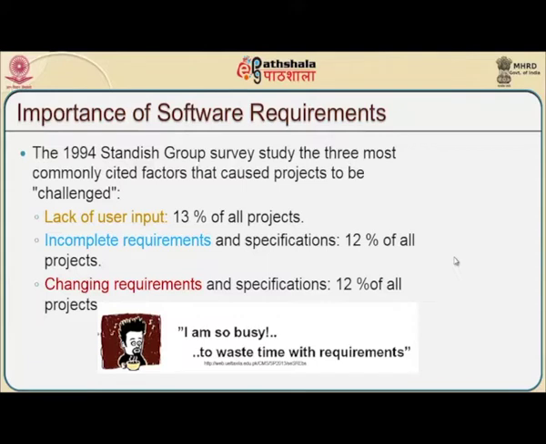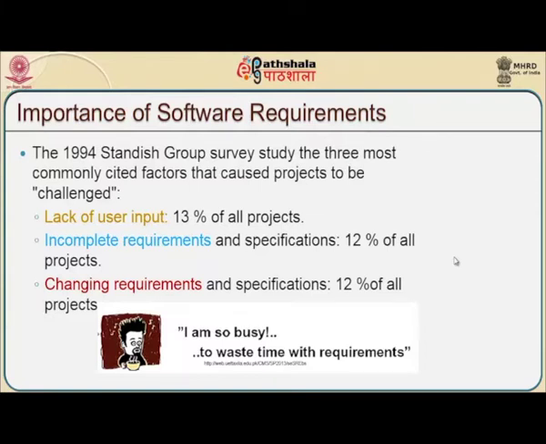So, the major challenge at the end would be an incomplete project, or an overrun of time and overrun of estimated cost.